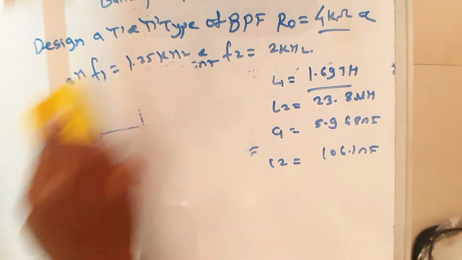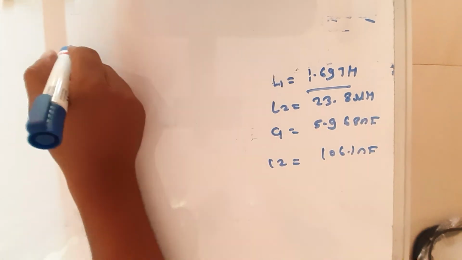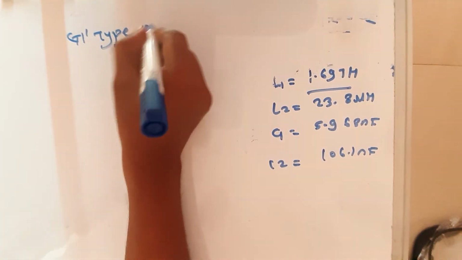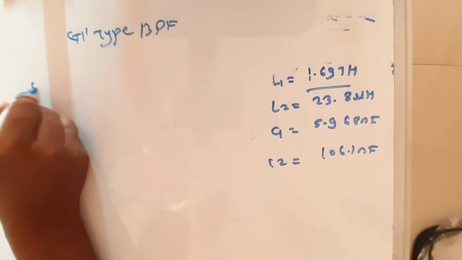Similarly, firstly you will write down pi type. So firstly draw the circuit of pi type of band pass filters.